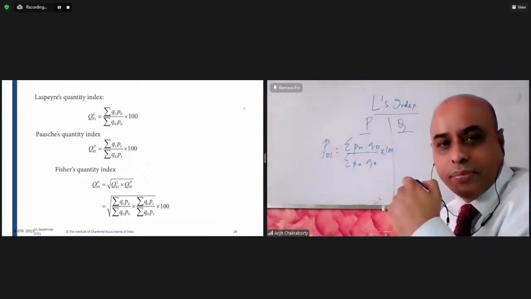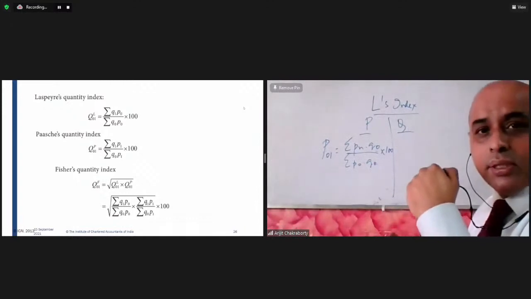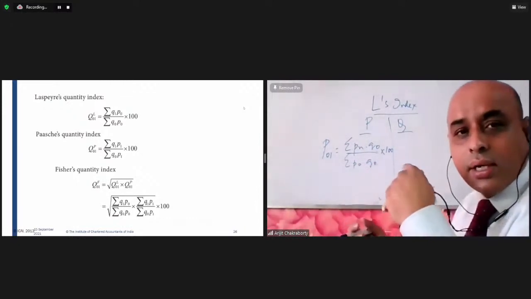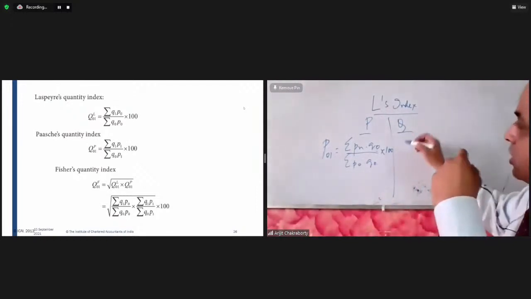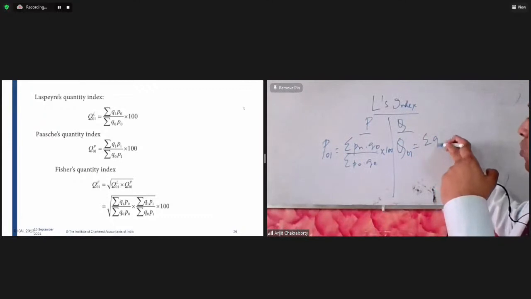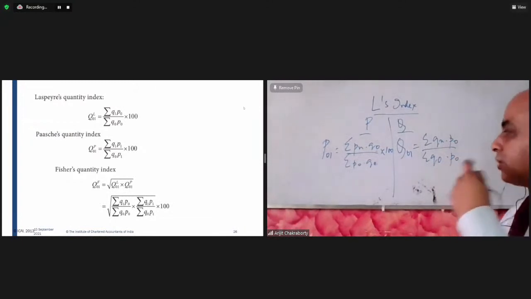the base year. Now, when we are doing the quantity index, that means we are trying to arrive at the quantity index using the last period's method. So the Q01 now becomes sigma Qn into P0 divided by sigma Q0 into P0.